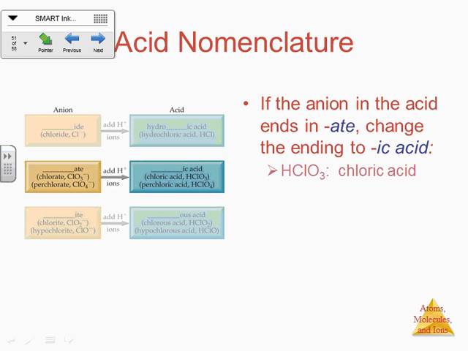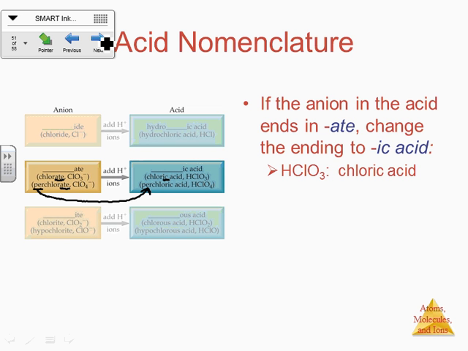If the anion ends in ATE, like chlorate or perchlorate, then you're going to put ic acid on the end instead of the ATE. So chlorate, when you add the hydrogen, becomes chloric. And perchlorate, again, you keep the per, that doesn't change, but the ate changes to ic acid.